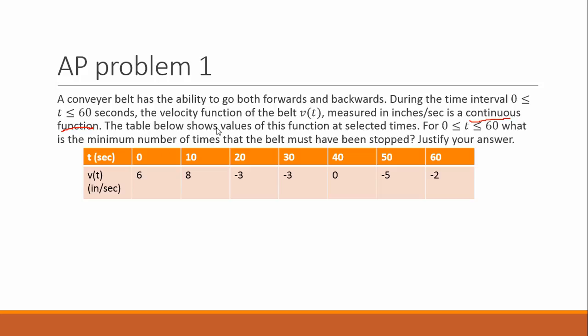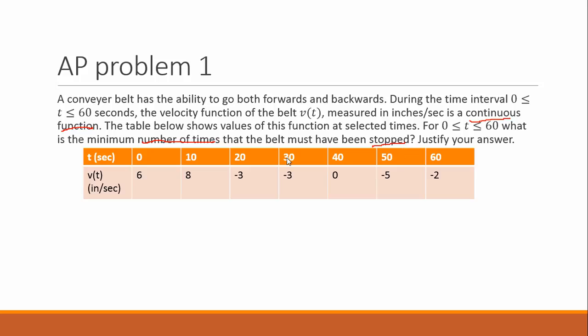So just keep that in mind. The table below shows values of this function at selected times. For t between 0 and 60, what is the minimum number of times that the belt must have stopped? So we're looking for the number of times that the belt must have stopped. So the key word here is stopped.